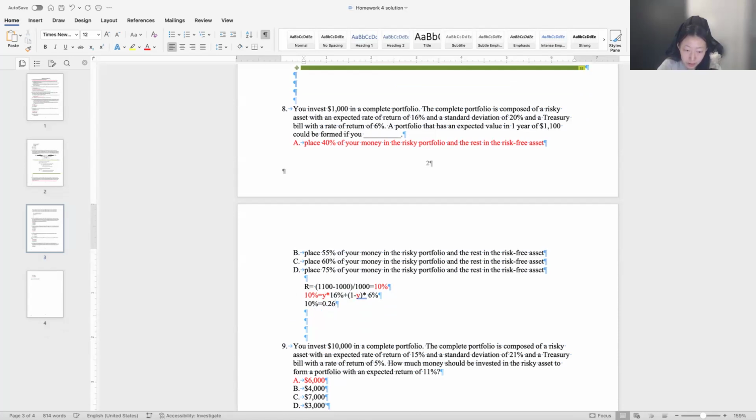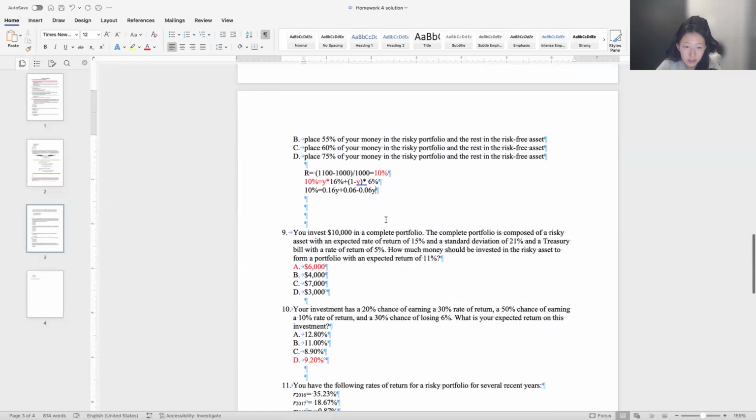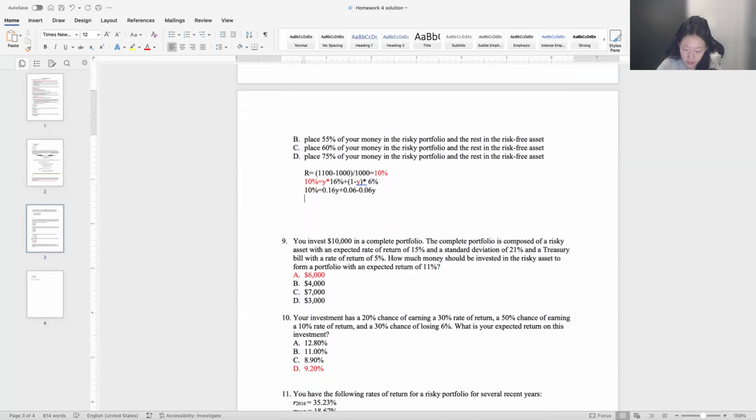10%, I'm writing everything down just to expand everything in the bracket. So I got 0.16 y plus 6% minus 0.06 y. Still writing everything down, left-hand side 0.1, and right-hand side becomes 0.1 y, because I'm combining these two y terms.